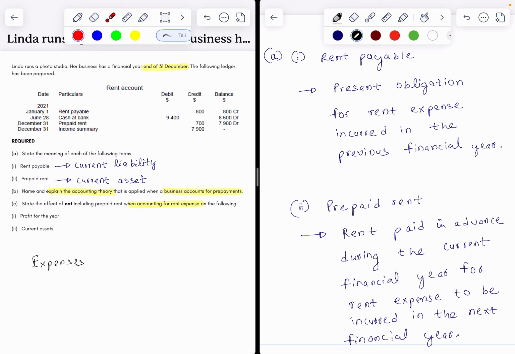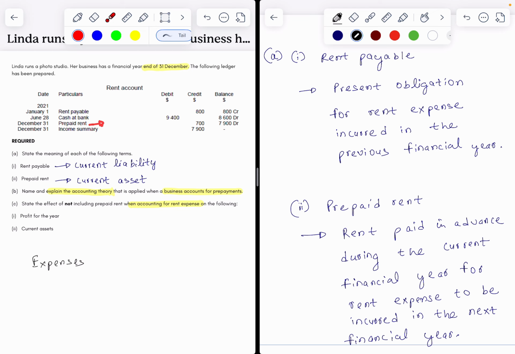So starting with the prepaid rent, which is a current asset, and this refers to rent payment in advance. This rent payment is actually for the next financial year, but because we are in the current financial year and we have prepaid it, it is a current asset. All assets by default must have an opening balance on the debit side when we record it in the ledger account, which means when it increases, we debit it.